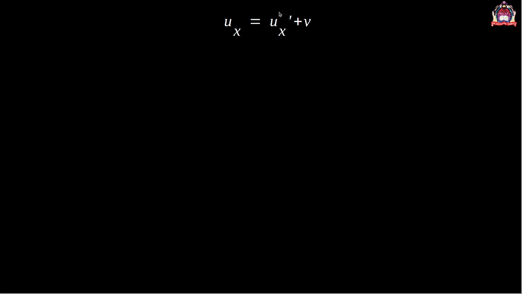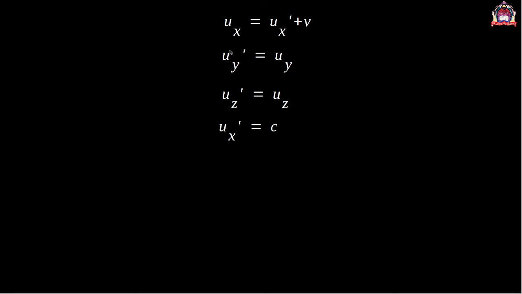When ux dash is nothing but c, or v is equal to c, then what is the equation? The equation is ux is equal to (ux dash plus c) whole divided by 1 plus c ux dash by c square. Similarly, uy dash is equal to uy, uz dash is equal to uz.